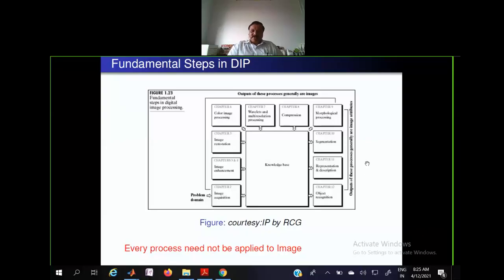Then segmentation. As the name itself says, you are trying to separate the foreground from the background. For example, in the license plate recognition example that I have given you, as I also told you during my class, the first requirement is that from the video you should segment a vehicle from the background. The frame may have a vehicle or it may not.